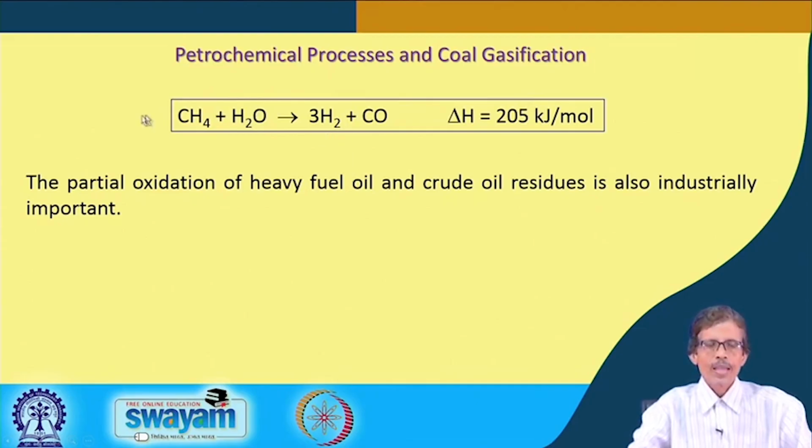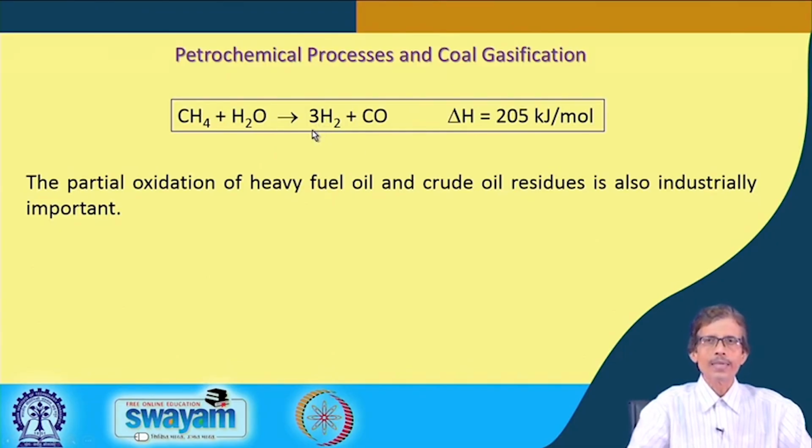This production of hydrogen from methane, whether you have a supply of compressed natural gas, or nowadays we are getting some methane from coal beds. So, CBM, the coal bed methane, can also be utilized for the production of hydrogen.